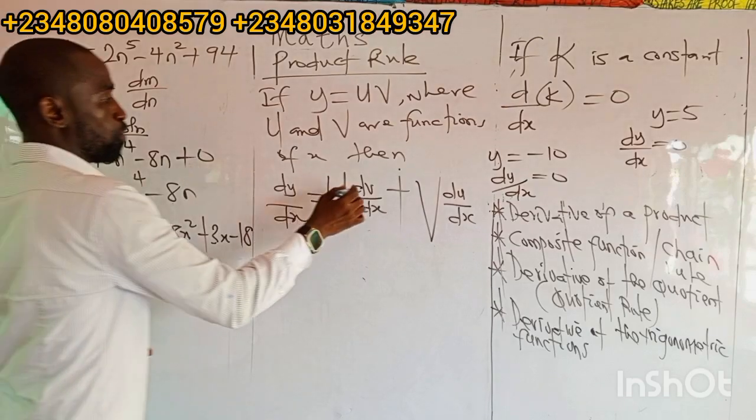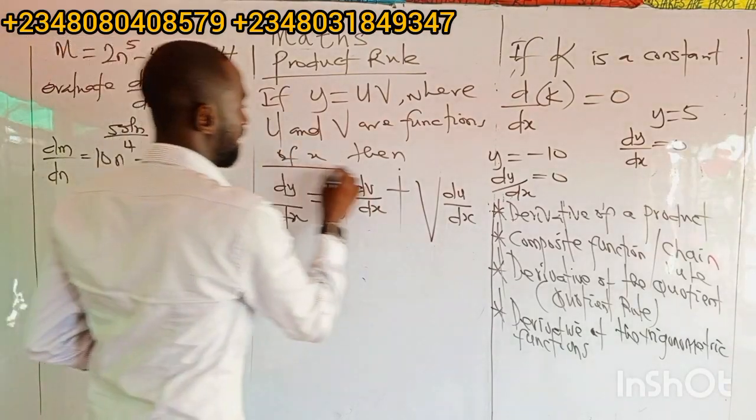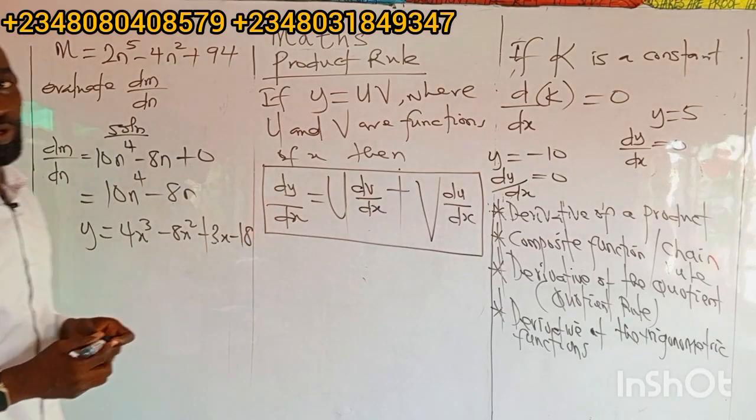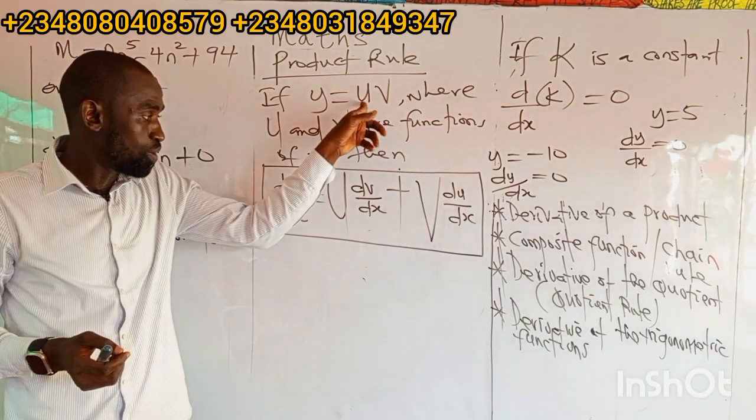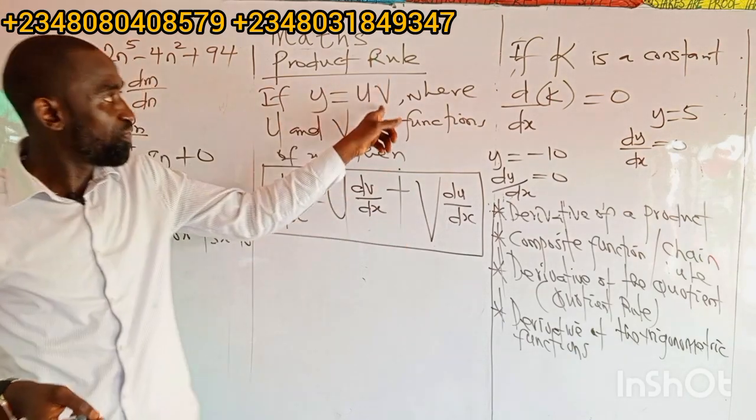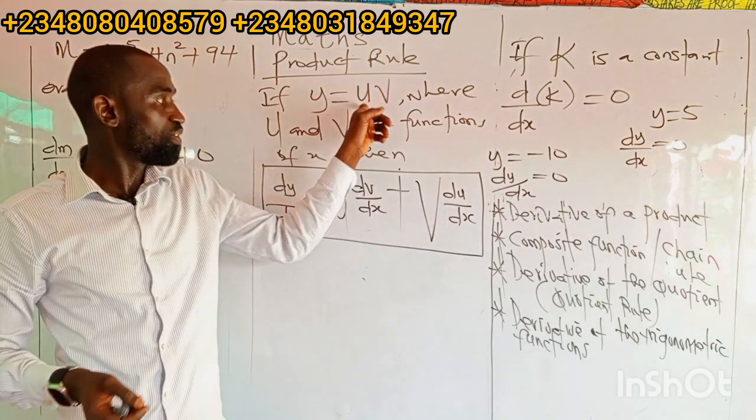Okay, so this is the rule under product. We have u times the derivative of v, then plus v times the derivative of u.